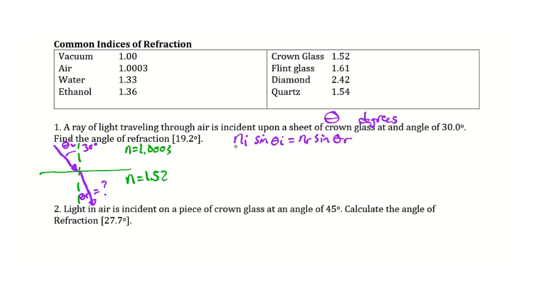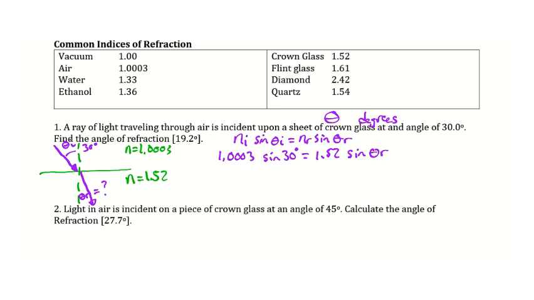So our incident medium was air, and that has a refractive index of 1.0003 times the sine of 30. That was my angle of incidence. Theta i is the angle of incidence. My refractive medium has an index of 1.52. It is crown glass, times the sine of theta r.